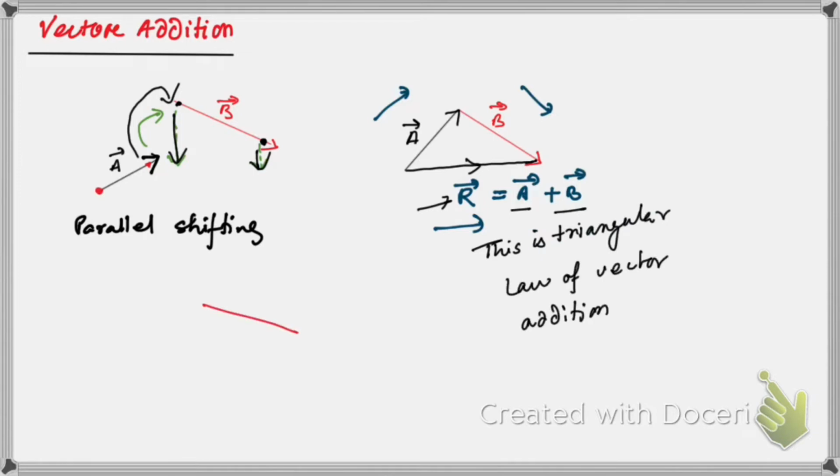So let me explain this again. Suppose you are to add these two vectors. This is vector A, and you have another vector, suppose vector B, in this direction.